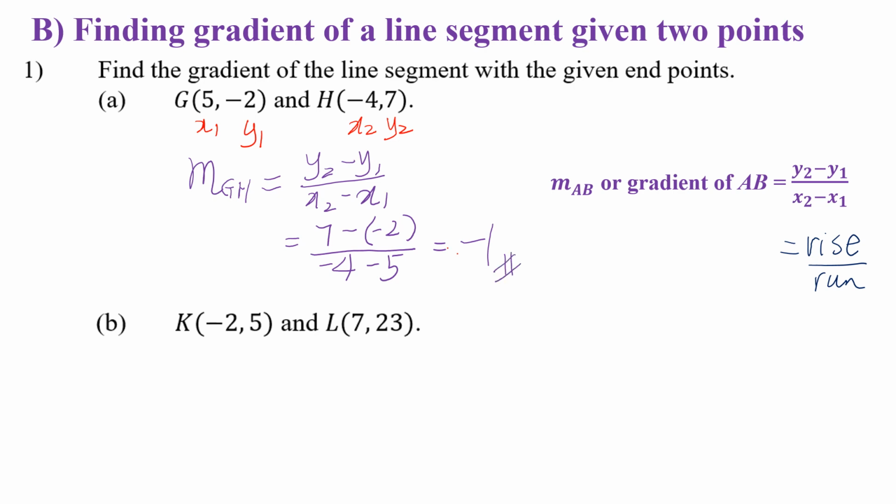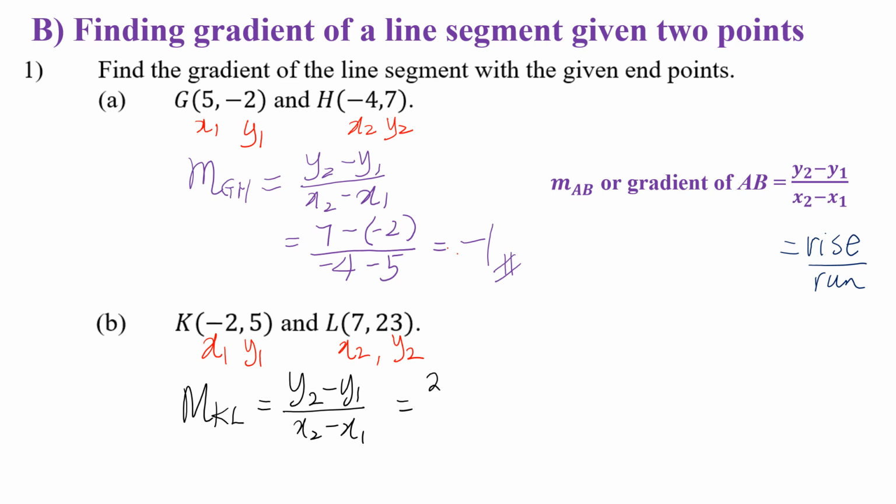So likewise for part B, what do we do? Let's label the x coordinate of point K as x1, y coordinate as y1, and then point L, x coordinate as x2, y coordinate as y2. And we write down the formula for finding the gradient of KL. It's important to write down the formula because the formula will guide you to do a correct substitution.